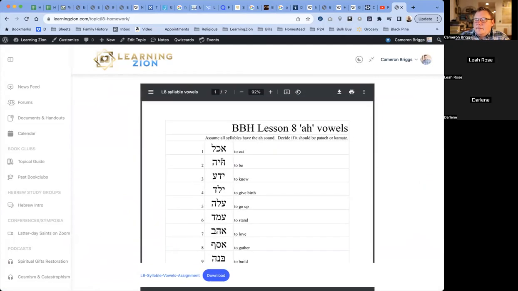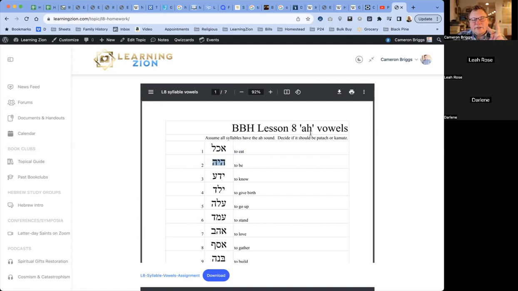Anyway, it gives quite a few words and what their meanings are. And so you're going to determine them just like we did on those final ones today. You're going to take that and divide it into syllables, figure out where the stress goes, and then which vowels you would use. All of these are going to follow that same structure.